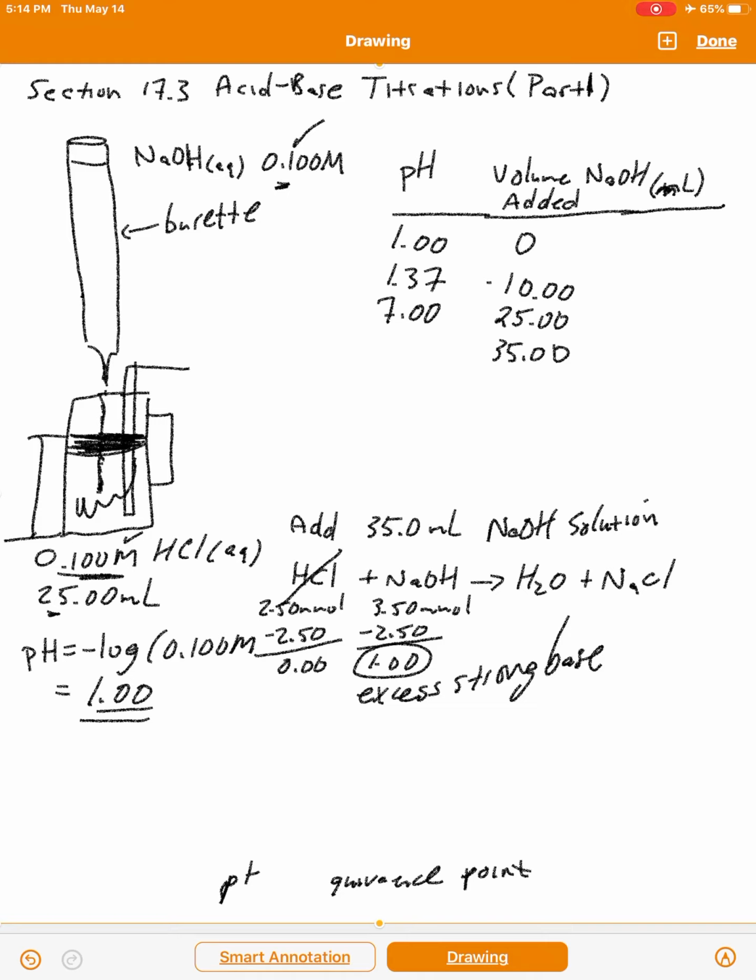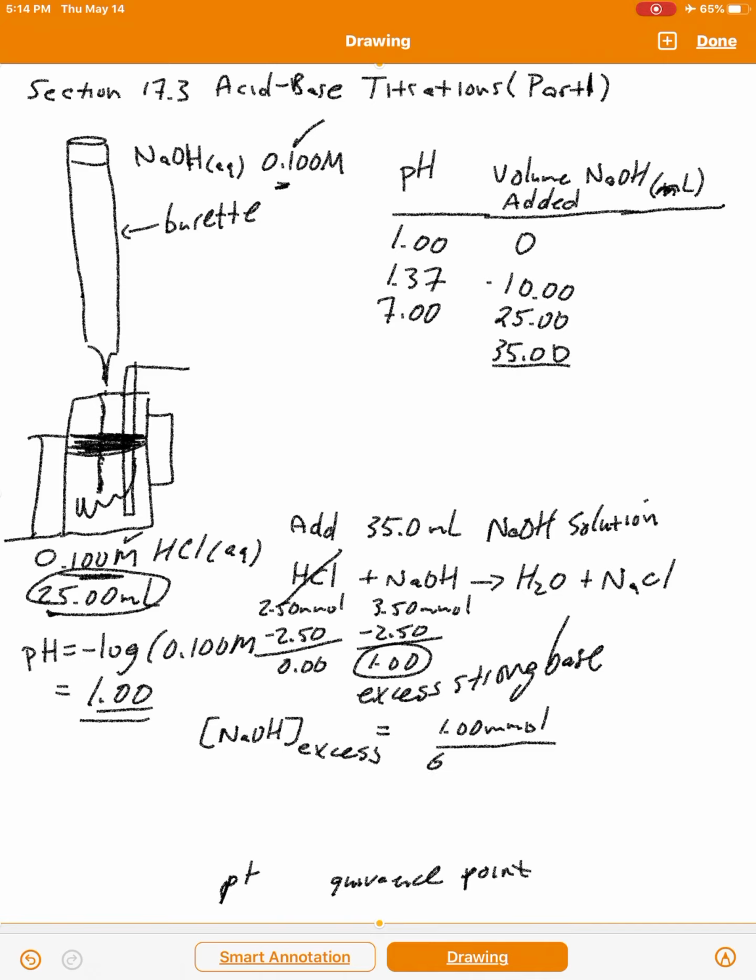So now we calculate the pH of a strong base. Again, to calculate the pH of a strong base, all you need to know is what its concentration is, calculate the pOH, and then take 14 minus that. Okay, so let's figure out the concentration of sodium hydroxide that is in excess. 1 millimole. And now we just have to be careful. The volume was 25 plus 35.